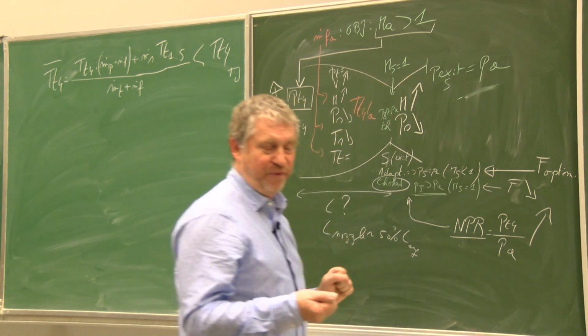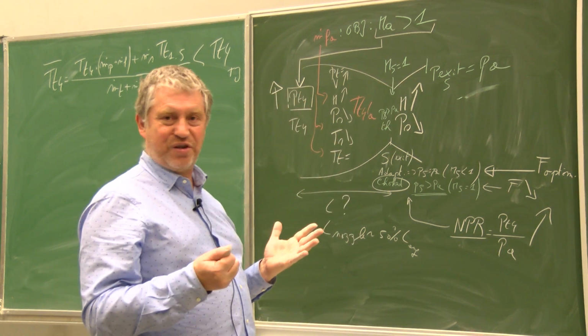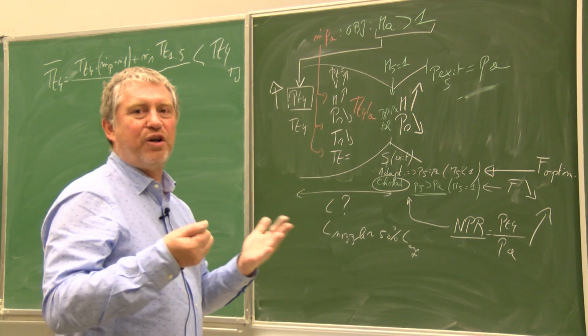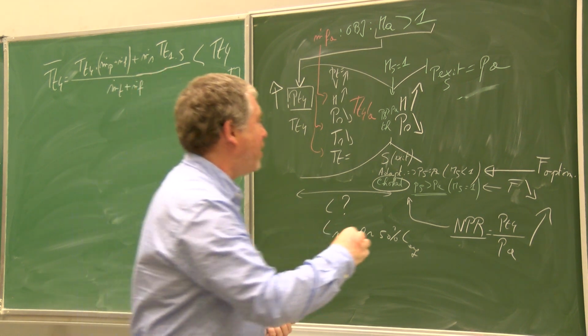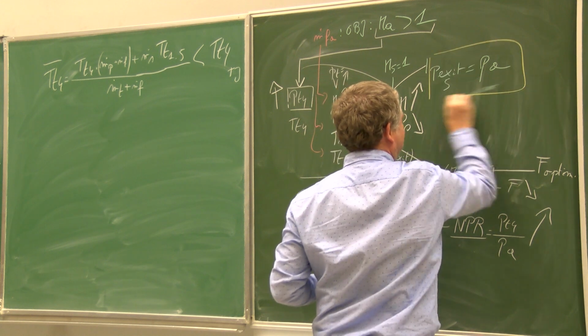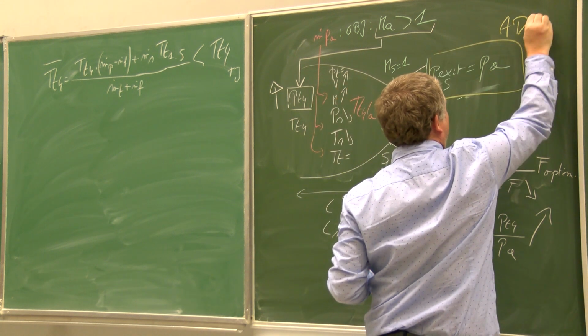And so on a turbofan with afterburning, the ideal solution is to have a convergent divergent nozzle, because this nozzle is again adapted.